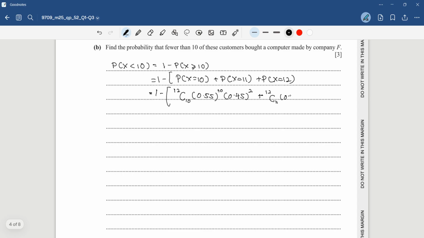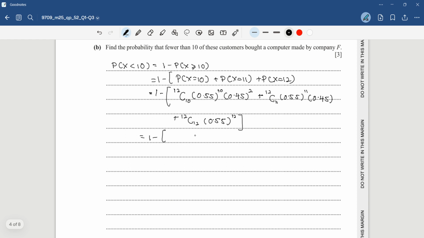Okay, plus 12C11, 0.55 to the power of 11, 0.45 to the power of 1, plus 12C12, 0.55 to the power of 12. Okay, so it's going to be 1 minus. So you press your calculator, you can use your binomial distribution if you're using the classwiz calculator.